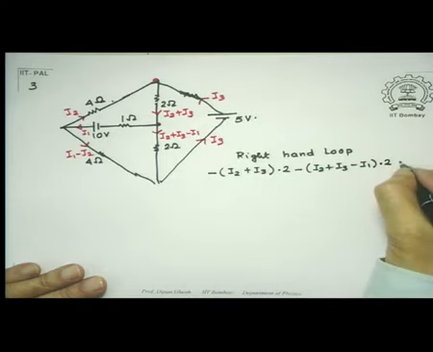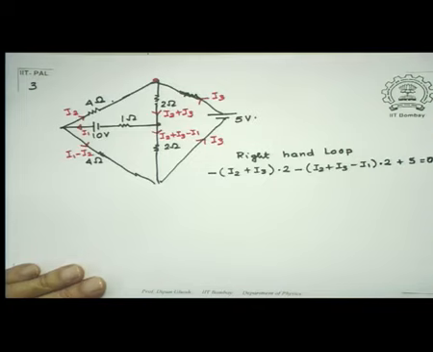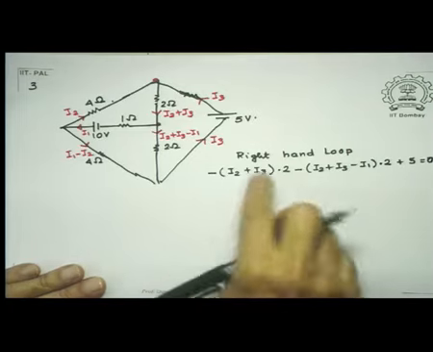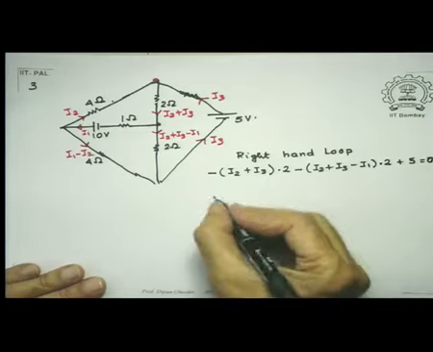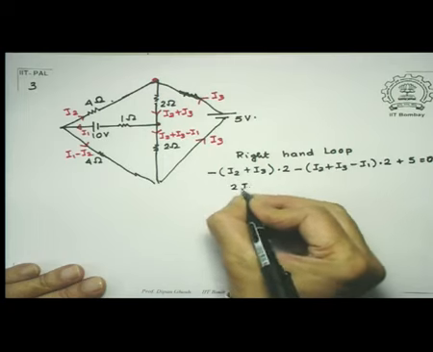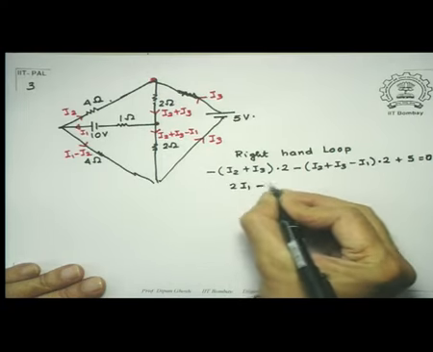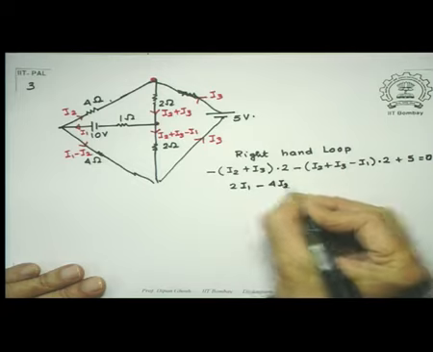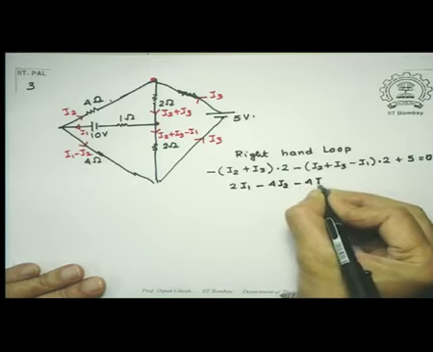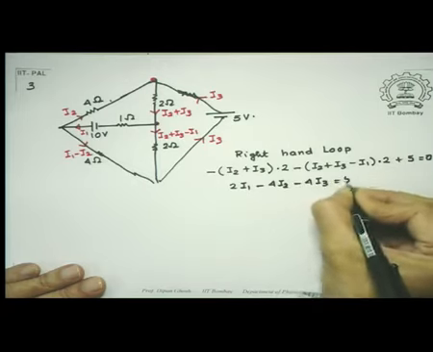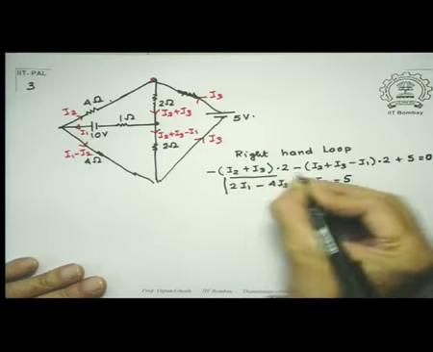So therefore plus 5 is equal to 0. Let us combine them. If you look at them, this becomes 2I1 minus 4I2 minus 4I3 is equal to 5. So that is your first equation.